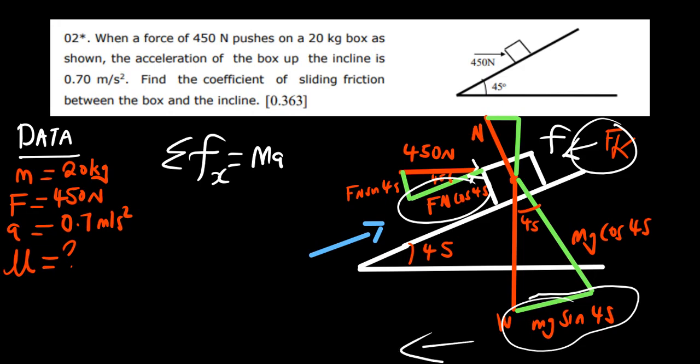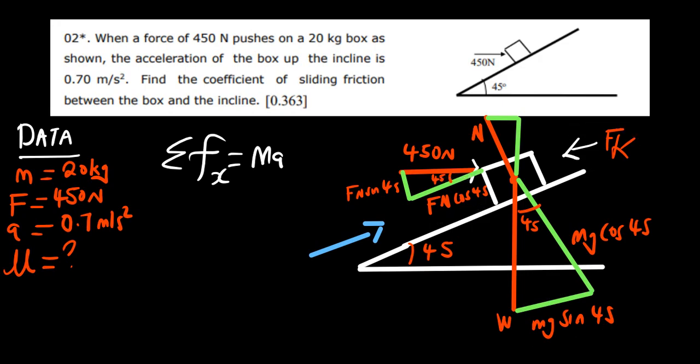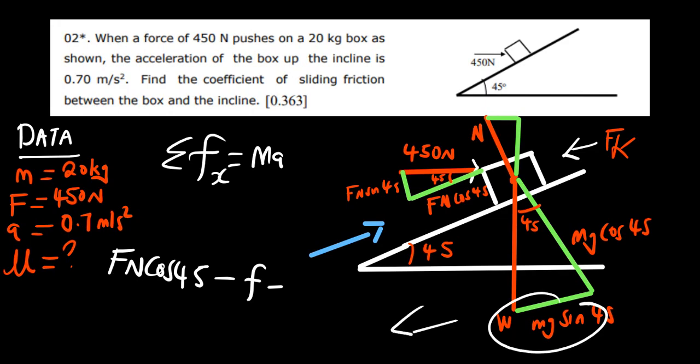So we have Fn cos 45, then a friction force which is in the opposite direction, minus this one, which is also going in this direction, so it will also be negative. So allow me to just put it like that.